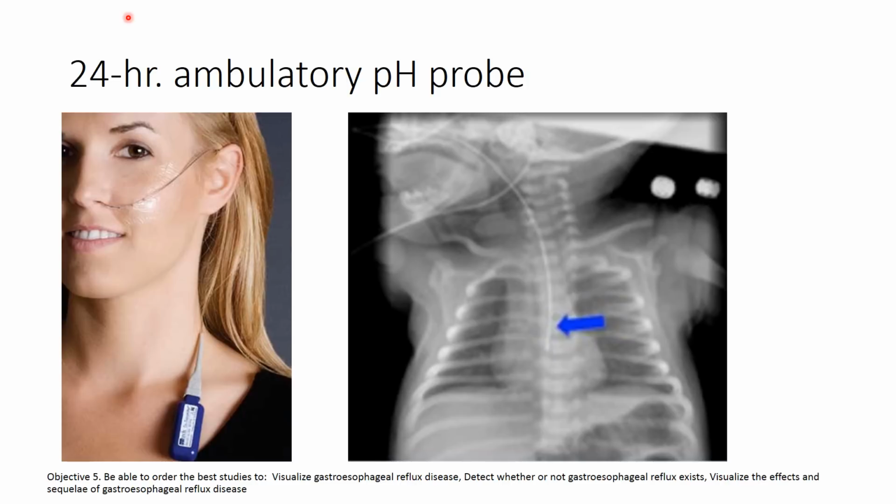So I think for the detection of gastroesophageal reflux, the pH probe is the best way to go. For evaluation of the sequelae of gastroesophageal reflux disease, endoscopy is the best way to go. And if for some reason the patient can't have endoscopy, then I think it's perfectly reasonable to do a barium swallow.